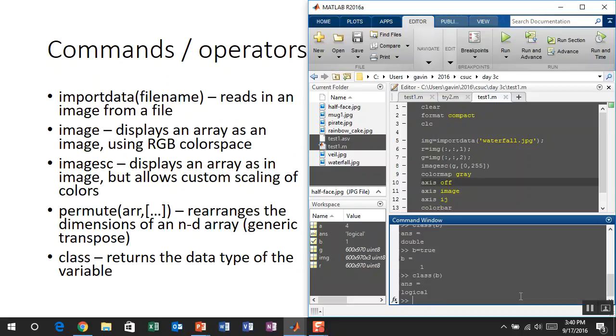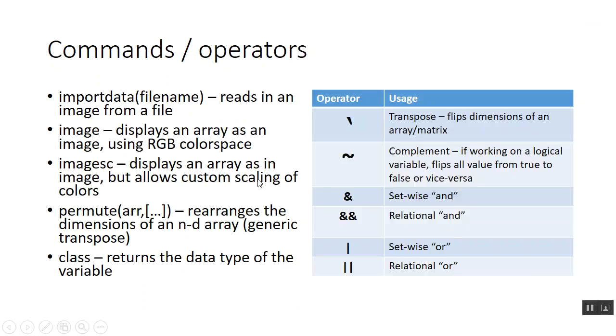But if I assign a value, B equals 3.3, and then ask for the class of B, it dynamically changed the type of the variable. So that's something to keep in mind: it doesn't stay logical if you reassign it to something that's not logical anymore.